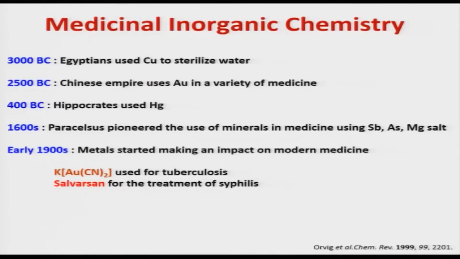It is only in the last 100 years, however, that the medicinal activity of inorganic compounds has slowly been developed in a rational manner, starting in the early 1900s with gold for tuberculosis, various antimony compounds and also various gold salts in a number of different conditions.